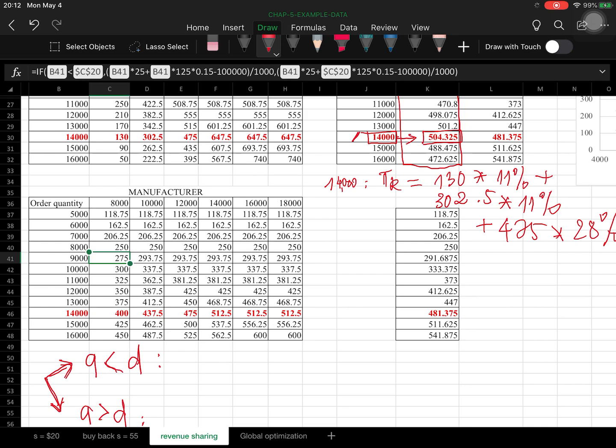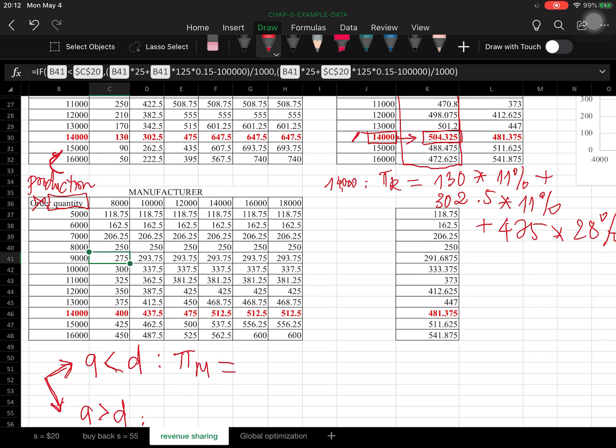So when the order quantity is larger, this becomes the production quantity for the manufacturer. We assume that the production quantity is equal to the order quantity of the retailer. So when the quantity is less than the demand, what is the profit of the manufacturer?